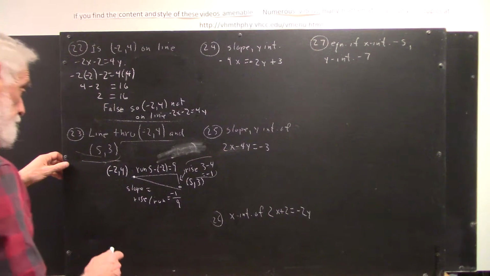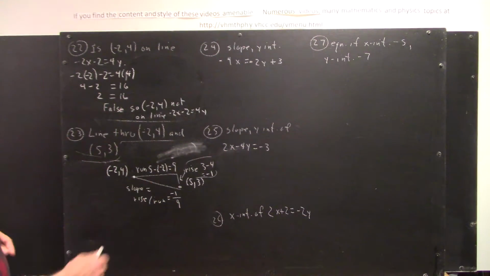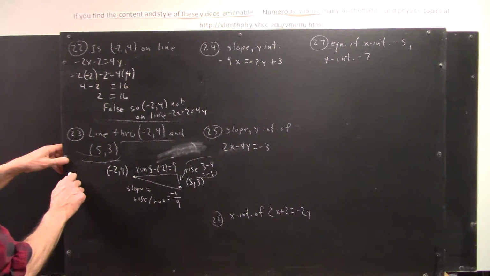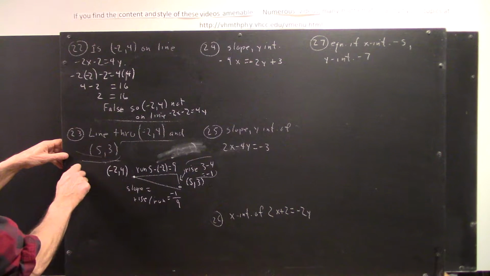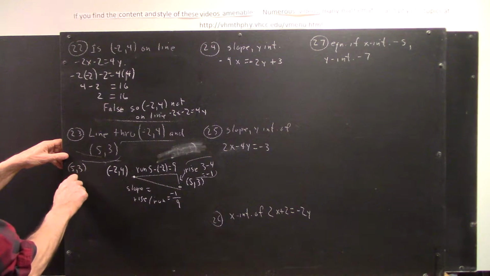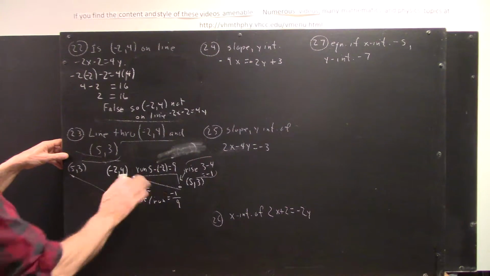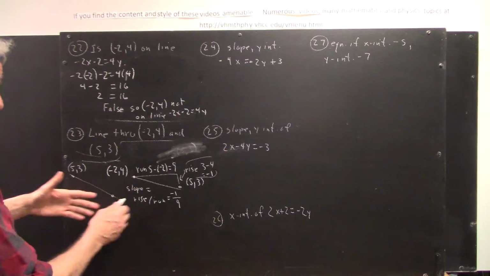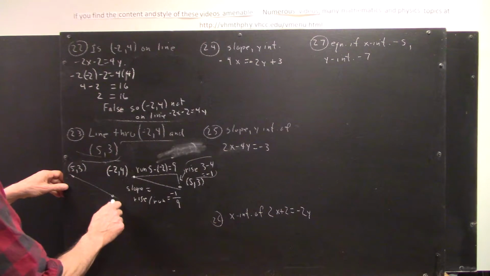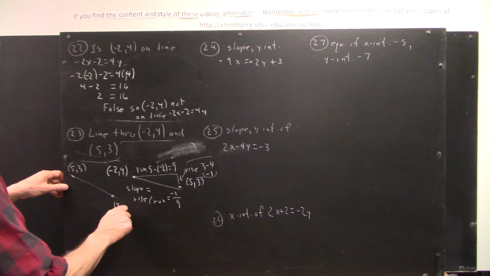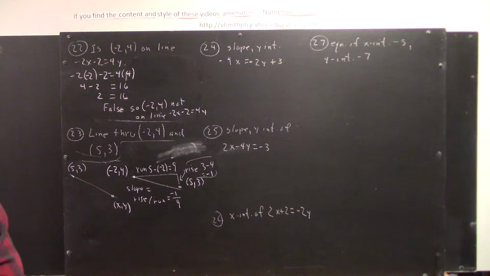Now the other part of this, we could pick either of these points. So let's say we take (5, 3), and we follow a slope that looks about the same as this, and we're going to assume the slope is the same as this, out to the point (x, y).